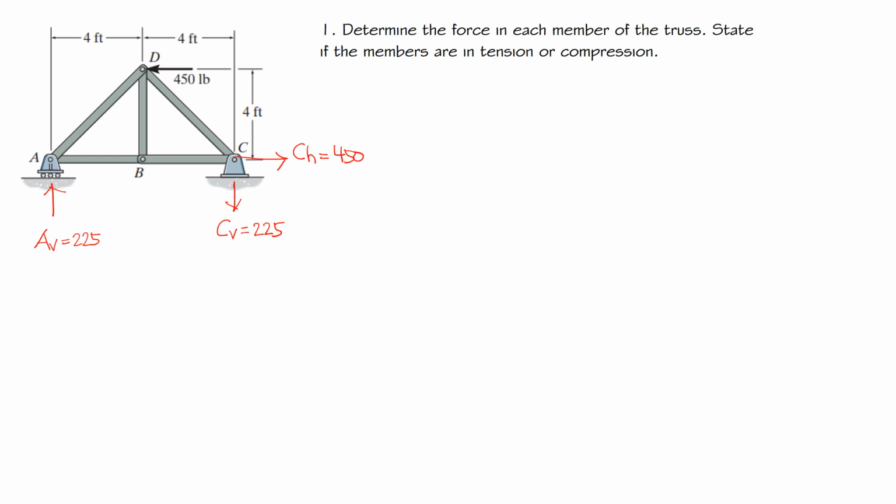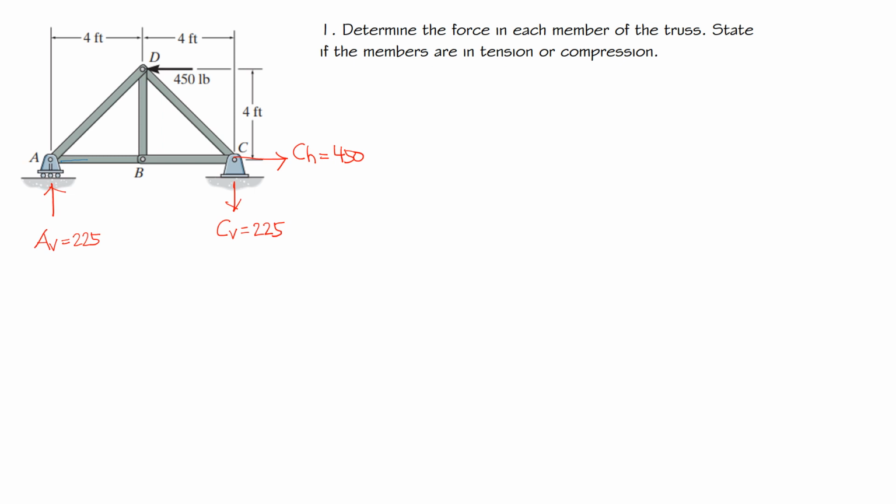Since we already solved the reactions, we can now proceed to solve for the forces on each member by using method of joints. Let's start with the joint that has the least unknown values.